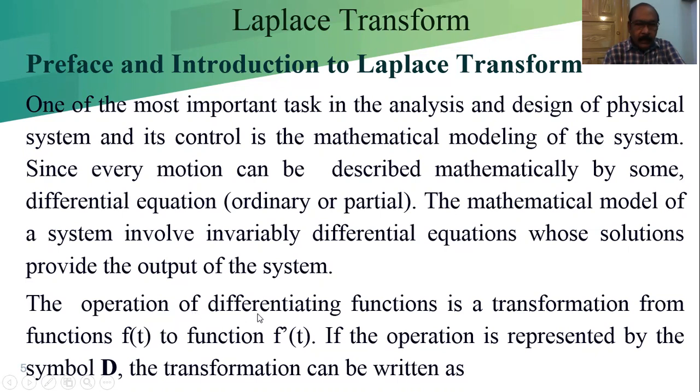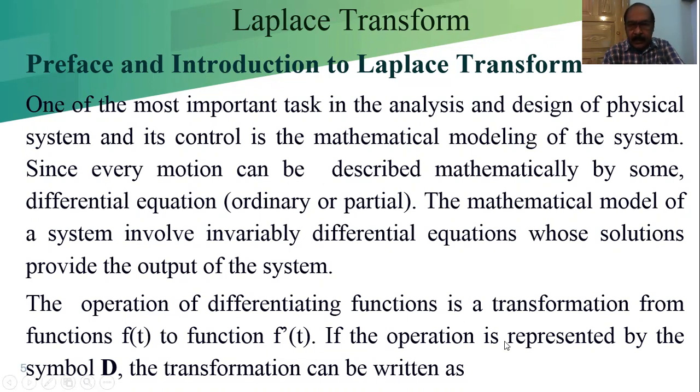The operation of differentiating a function is a transformation from a function f(t) to a function f'(t). When we are differentiating a function f(t), we denote the differentiation of the function by f'(t).